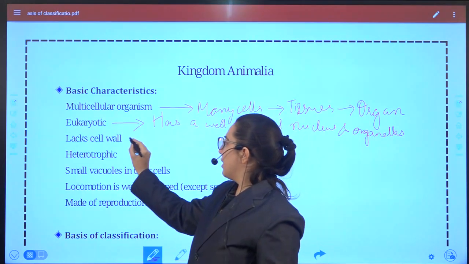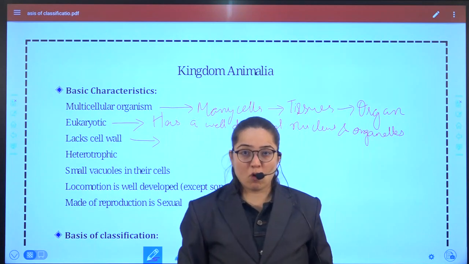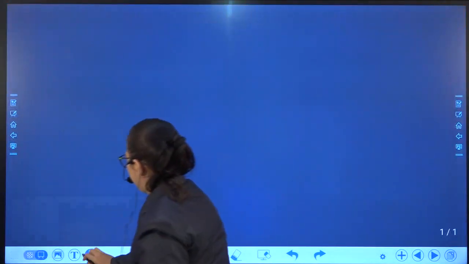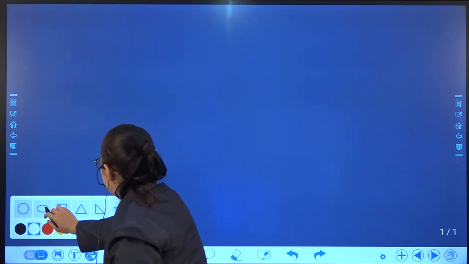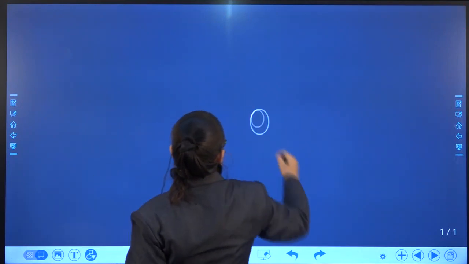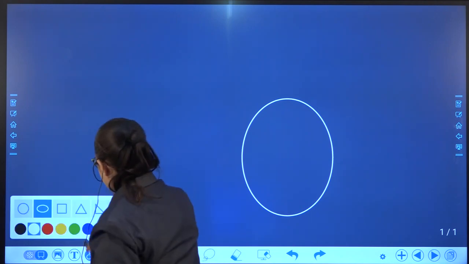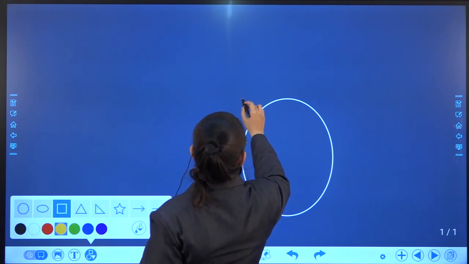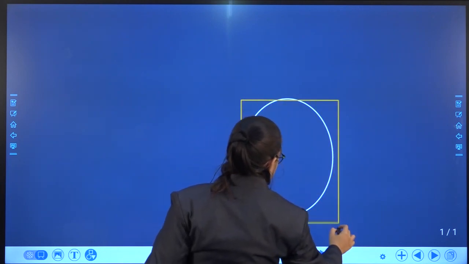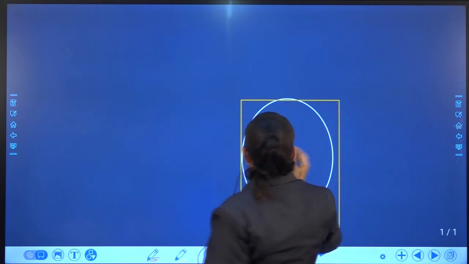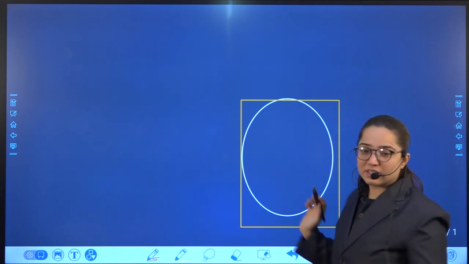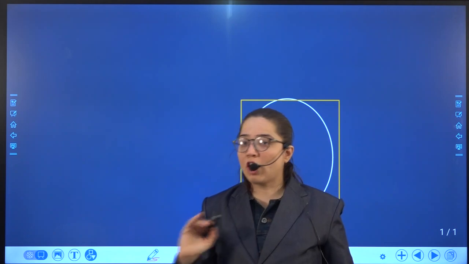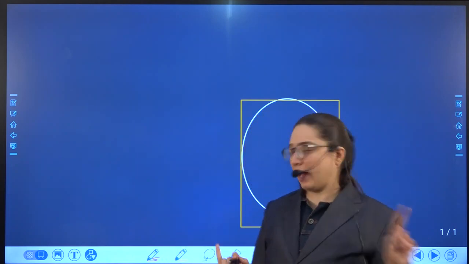Next, they lack a cell wall. That is the outer layer in any cell. This is any cell, and this is its outer layer. This extra outer layer, that is the cell wall, is not present in kingdom Animalia.